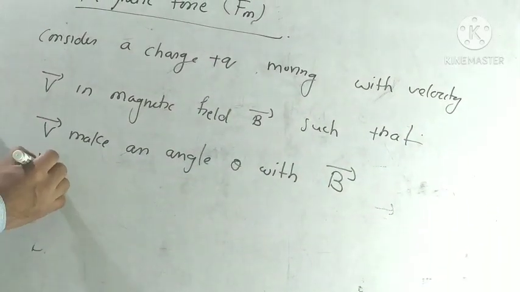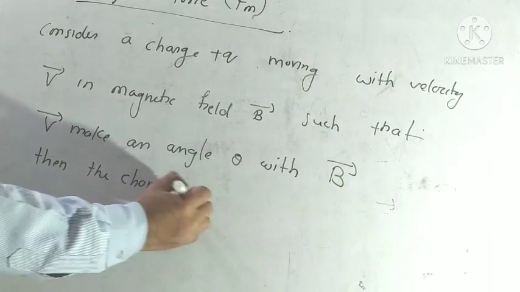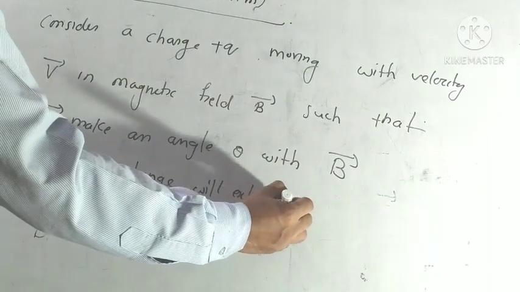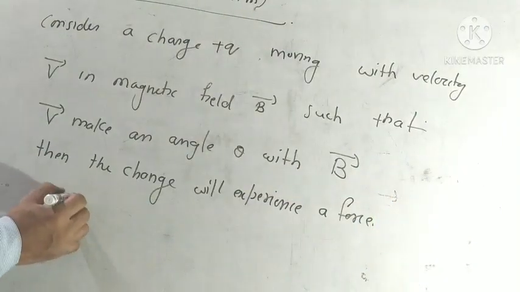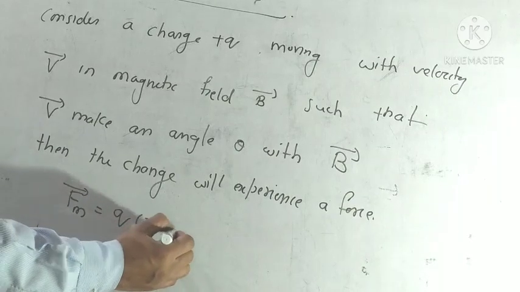Then the charge will experience a force, called magnetic force, q v cross B.